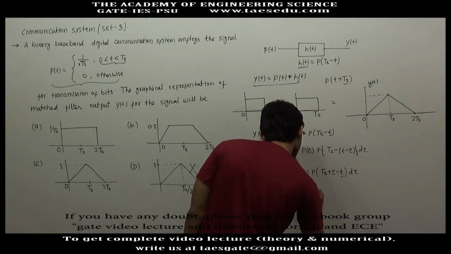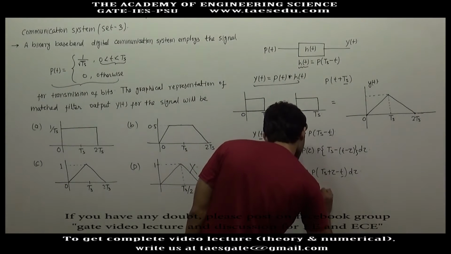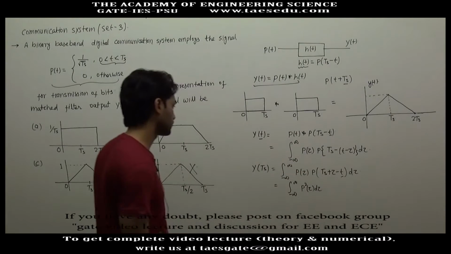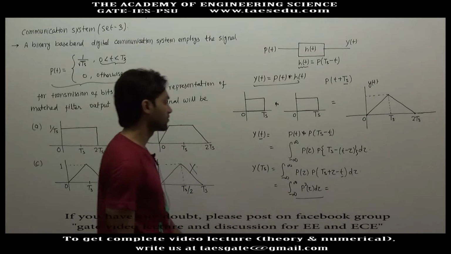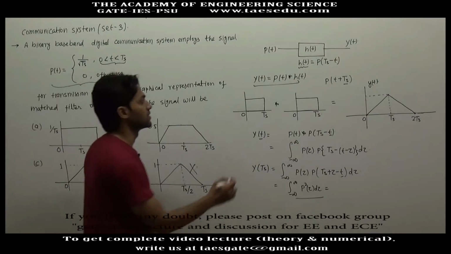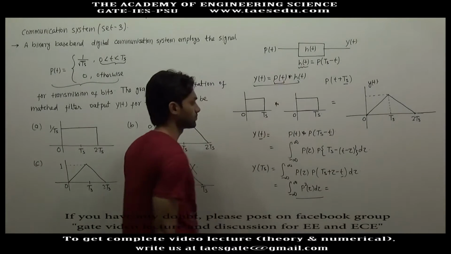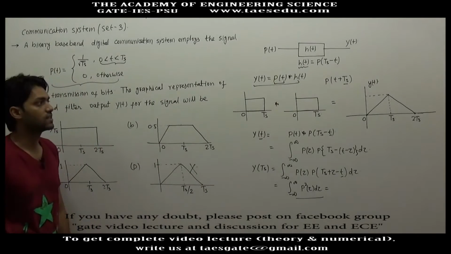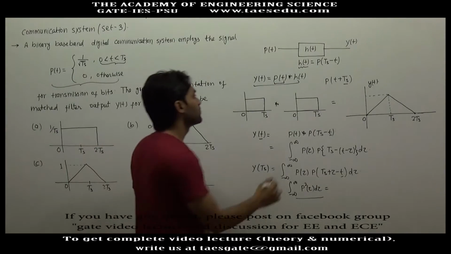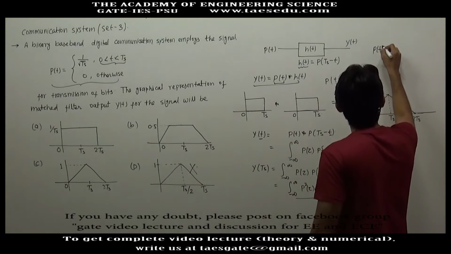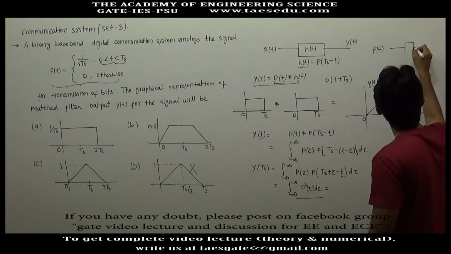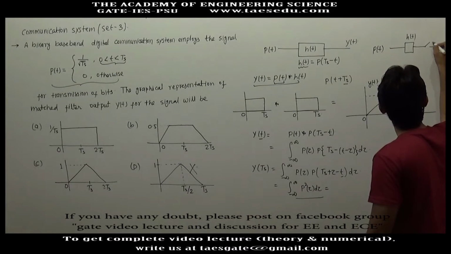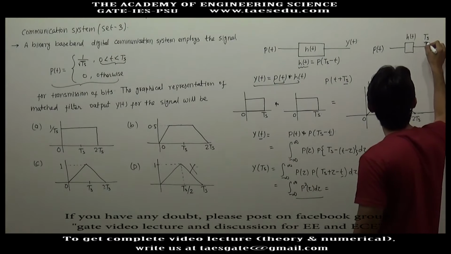We will have p tau square d tau. So p tau square d tau is nothing but the energy of the signal pt. In communication system we have studied that if pt is transmitted, at the receiver end after passing through the matched filter ht, the instant of detection is ts.